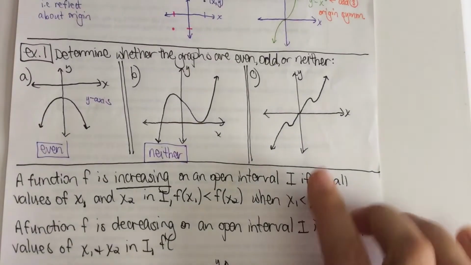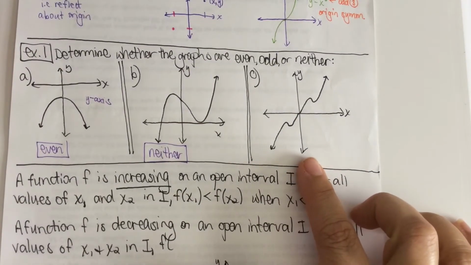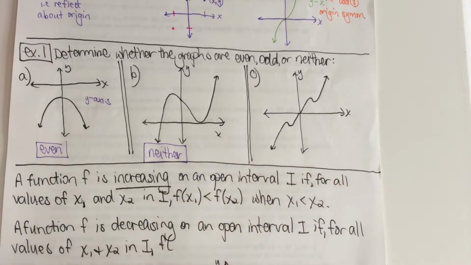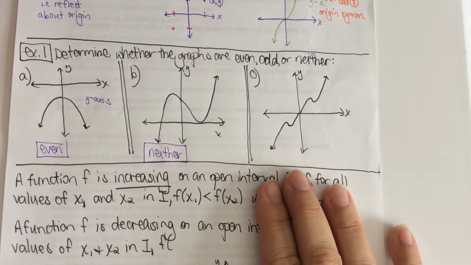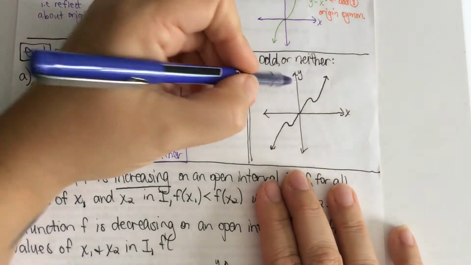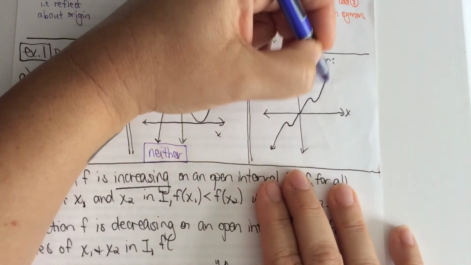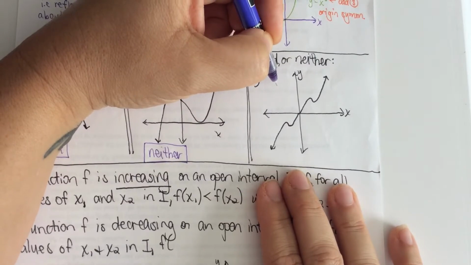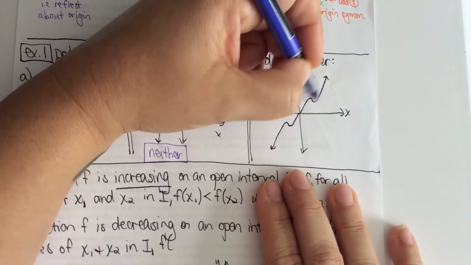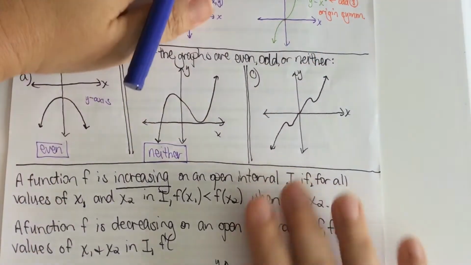Okay, and then this one, please know my graphs are not going to be perfect. You're going to have perfect graphs in your homework and on quizzes and tests because they'll be computer generated, but hopefully you get the gist of what I'm trying to draw here. So I don't have y-axis symmetry. If I flip this portion of the graph, it's going to end up in the second quadrant. It is not symmetric. However, I have this little lumpy thing in the first quadrant and then another little lumpy thing in the third quadrant.